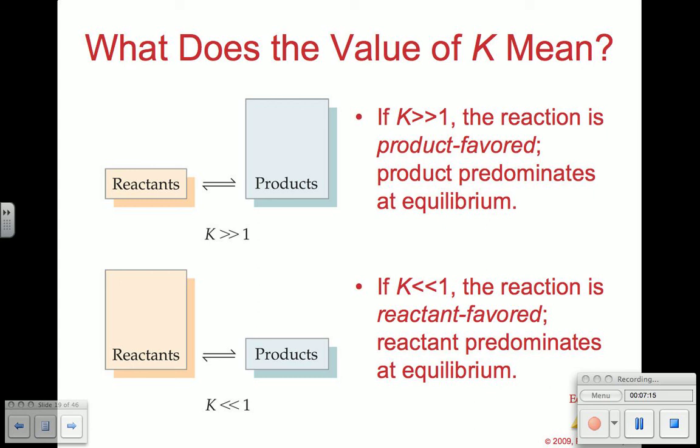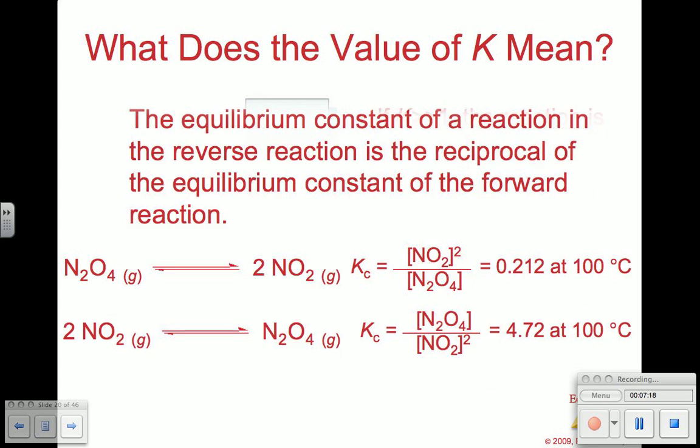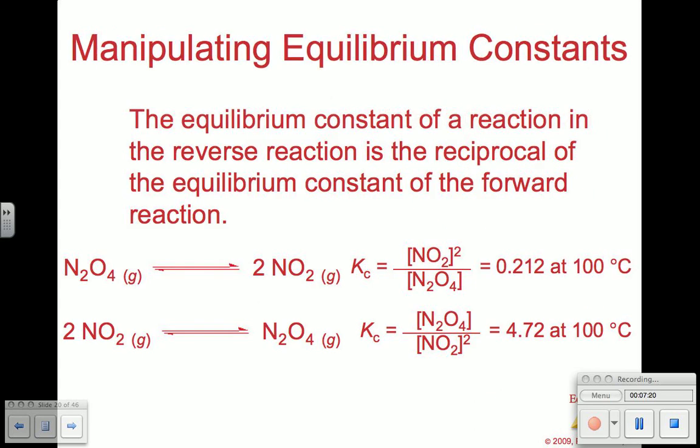So how can we manipulate the equilibrium constant? The equilibrium constant of the reverse reaction is the reciprocal of the equilibrium constant of the forward reaction. So if in the forward direction the equilibrium constant is 0.212, then if we reverse the reaction, if we write it the other way, the equilibrium constant is the inverse of it.